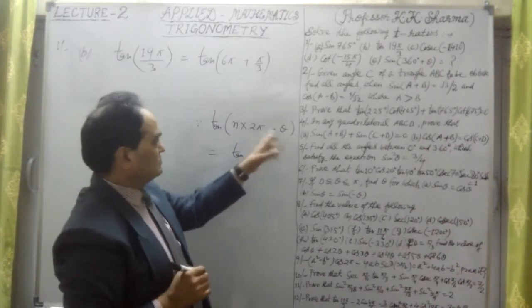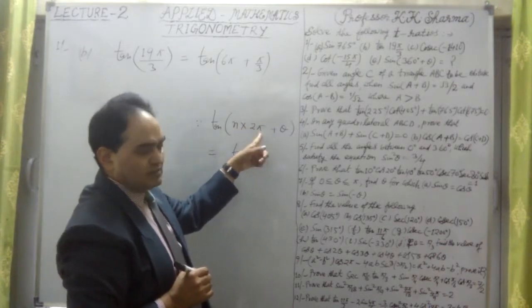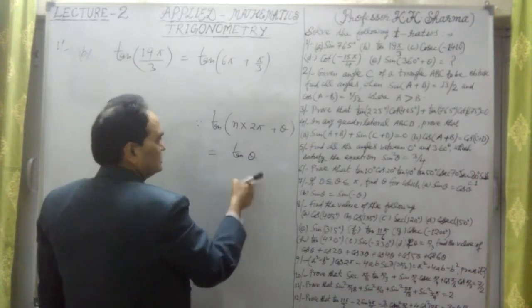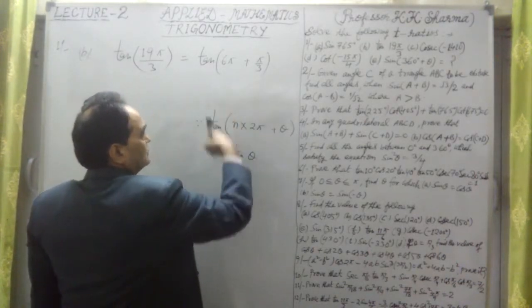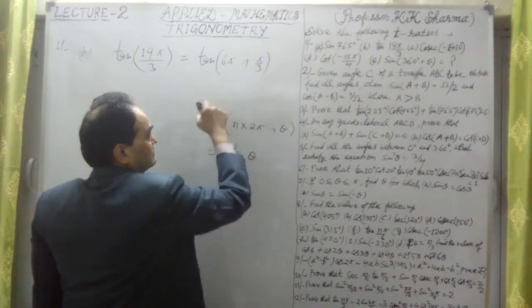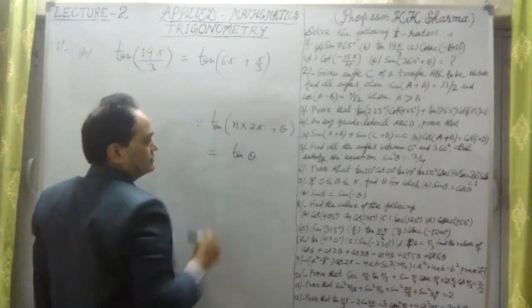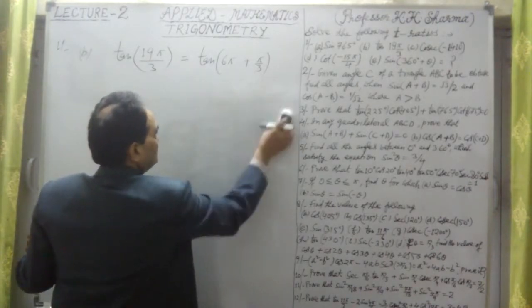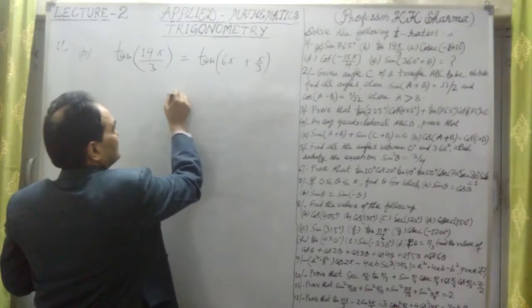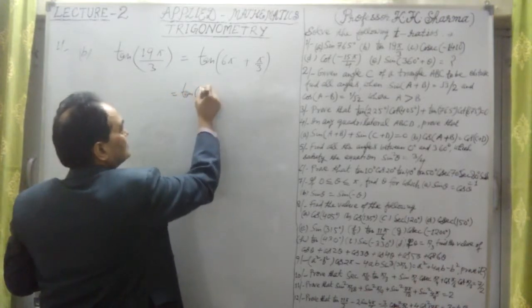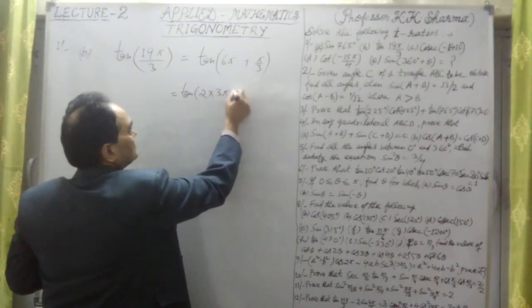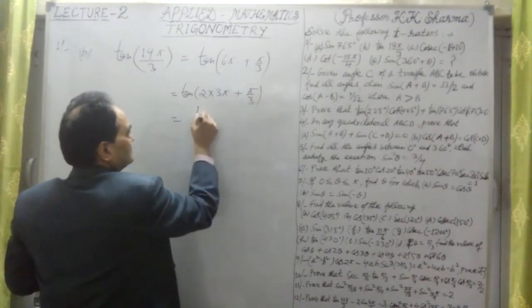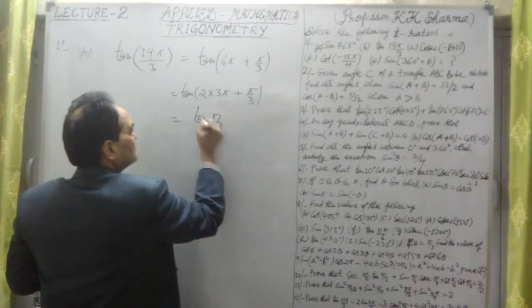If I write n times 2 pi plus theta, that will convert into tangent of the angle. This is the formula which we are applying here. Now 6 pi means 3 into 2 pi. This can be further written as tangent of 3 times 2 pi plus pi by 3. That means this is nothing but tan pi by 3.